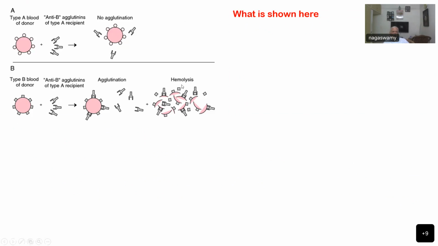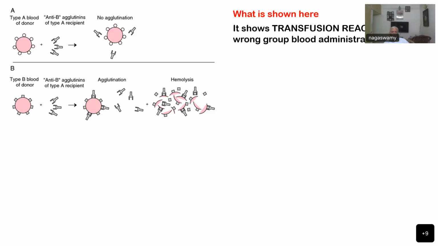So what does A indicate? What does B indicate? ABO incompatibility. A indicates a compatible blood transfusion, whereas B indicates a mismatched or a wrong transfusion. So it's a transfusion reaction due to wrong group blood administration.